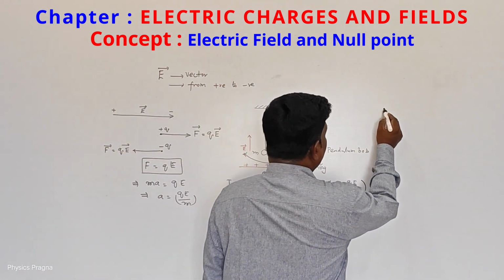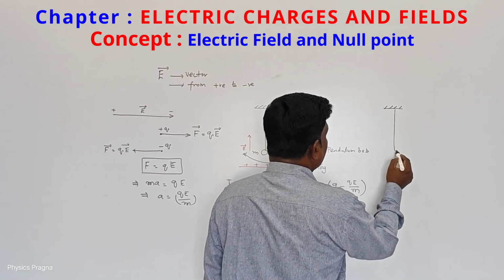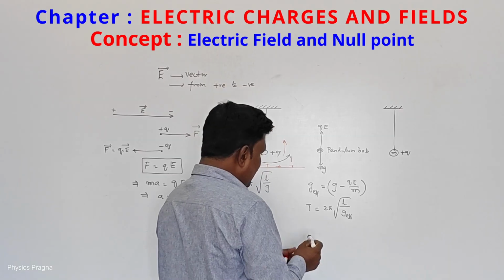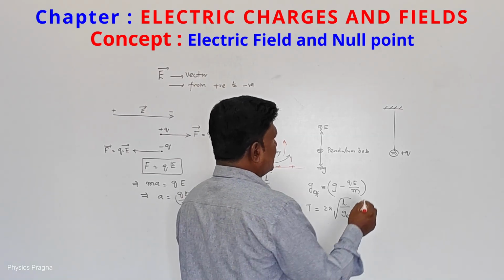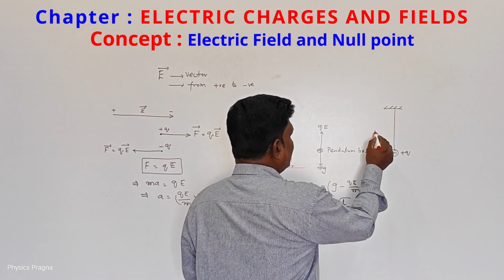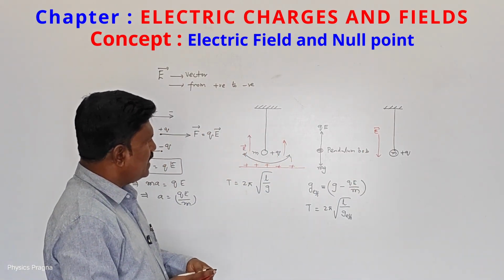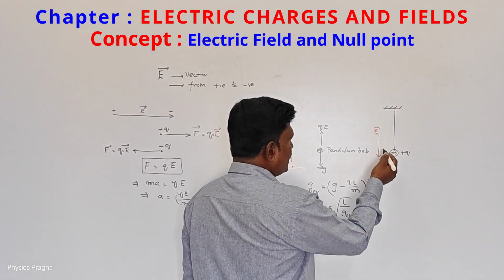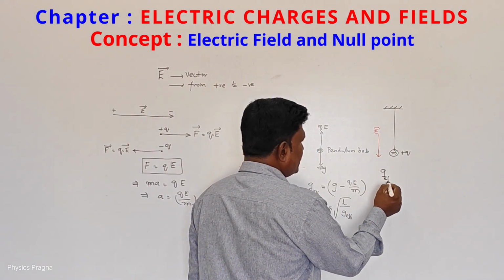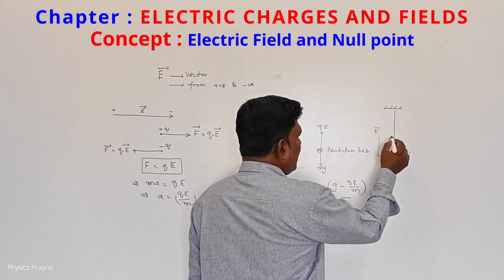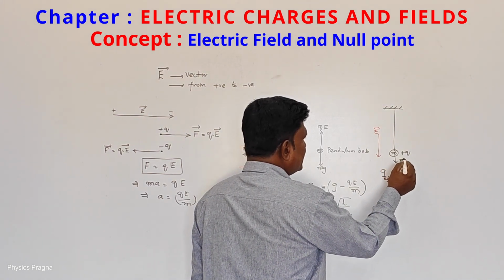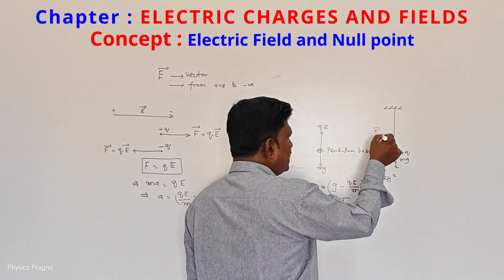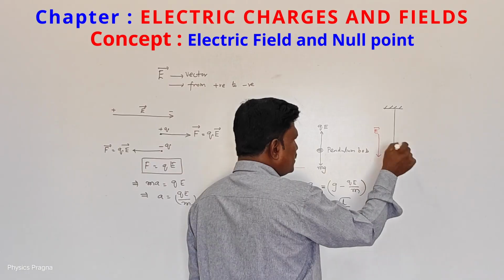If the pendulum is there having positive charge, mass m, the electric field direction is in this direction. This is the direction of electric field. Then what happens to the effective acceleration due to gravity? g effective is equal to, see, in this direction mg is there, in the same direction because it's a positive charge, electric field applies force in the same direction of electric field.